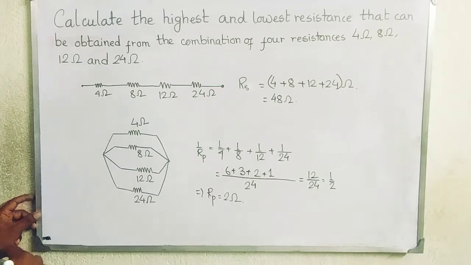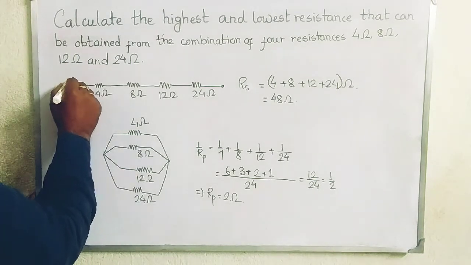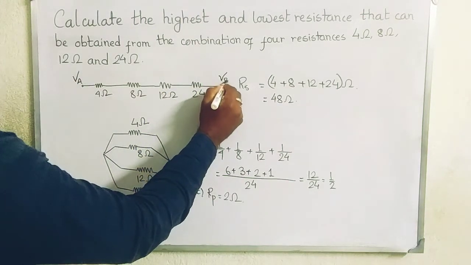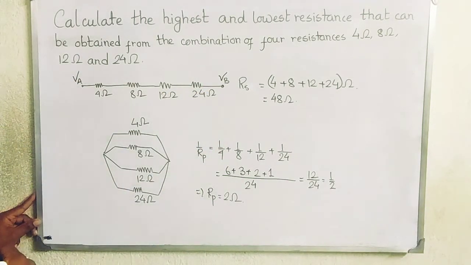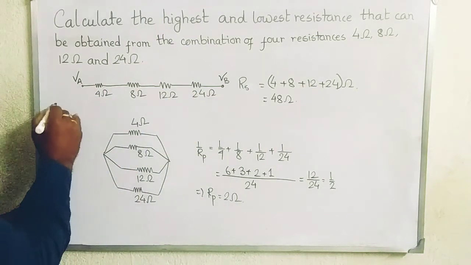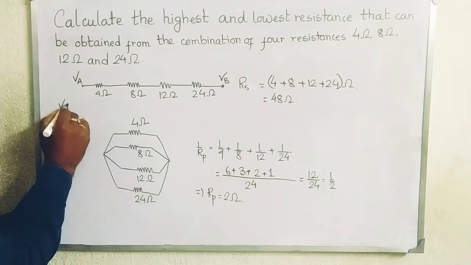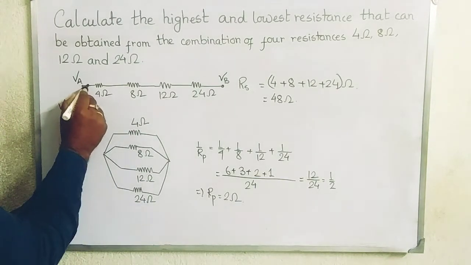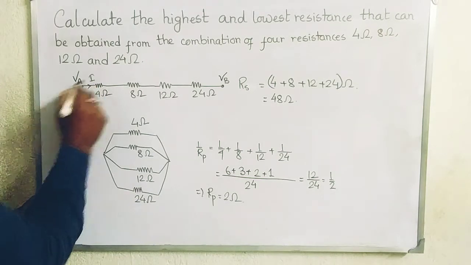Let us try to understand why. Let us connect these 4 in series combination in between the potential difference between VA and VB. If VA is greater than VB, then the current will flow like this.